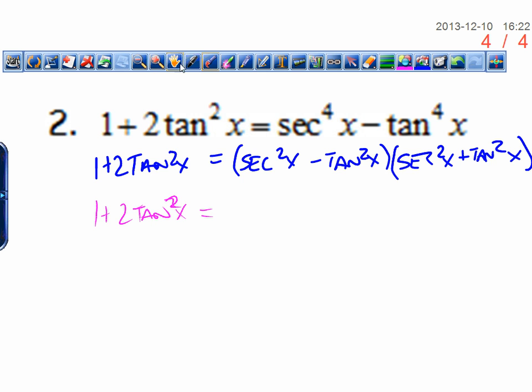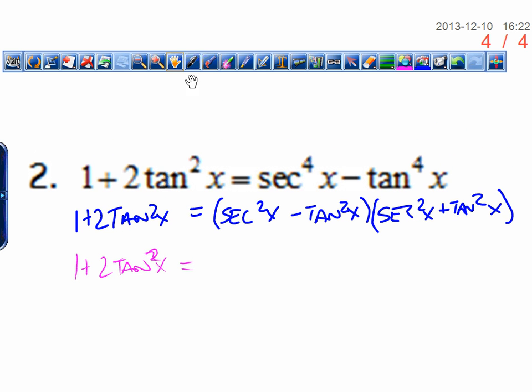On your formula chart, down there at the bottom area, you should have some sort of secant squared equals tangent squared, all that stuff. Well, what you're going to eventually find out is that 1 is secant squared x minus tangent squared x.